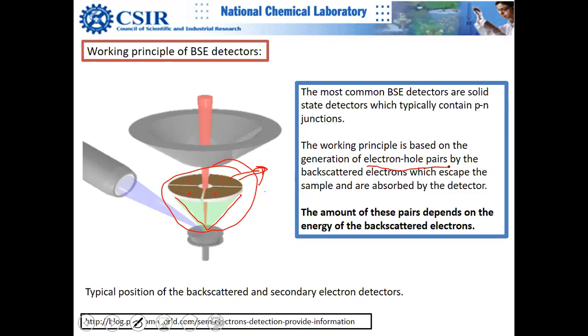So if you have any secondary electrons reaching there, somebody asked this question earlier: what about secondary electrons reaching the backscatter detector?